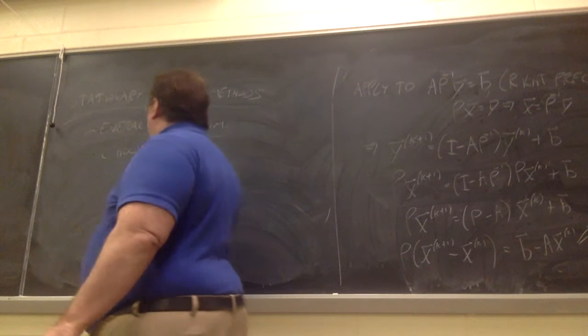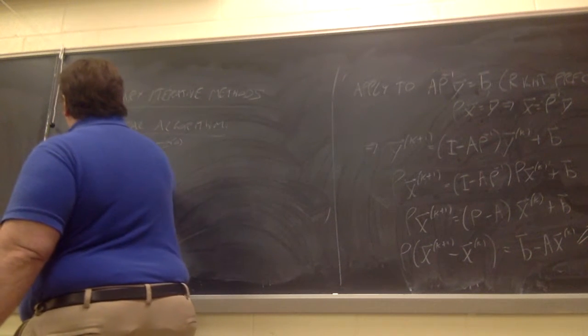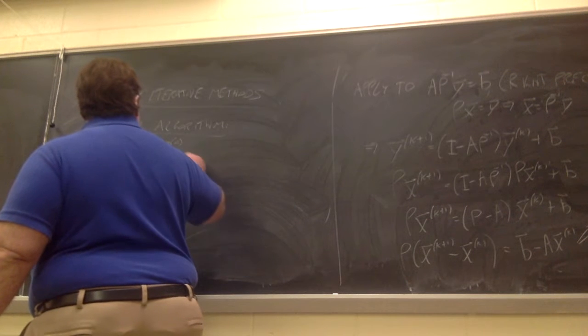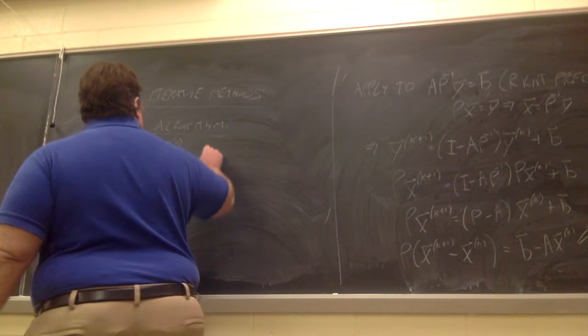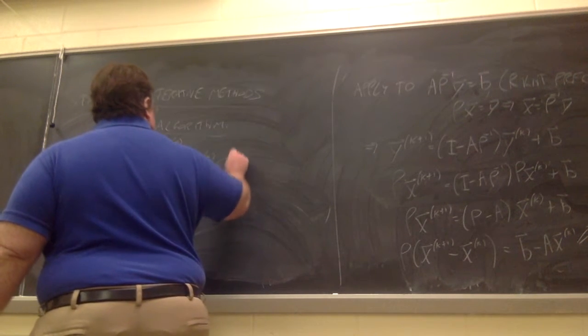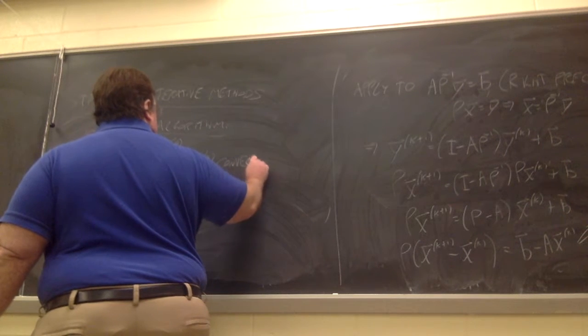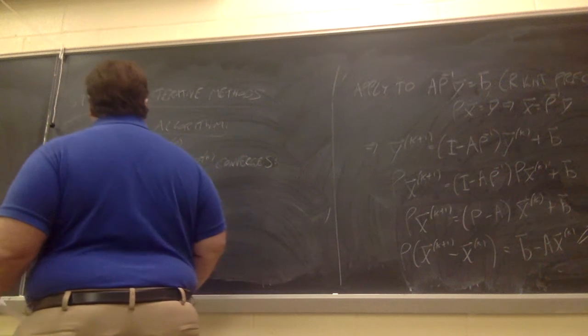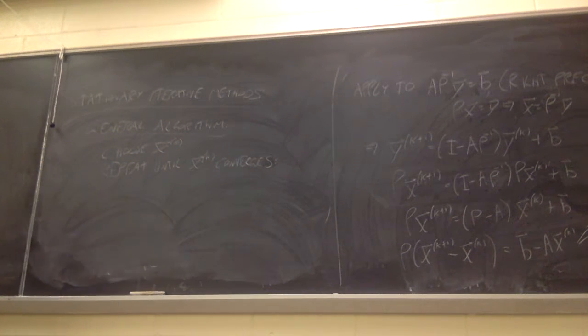Once you have your initial guess, you repeat the following until your iterates have converged. It's just a 3-step process.